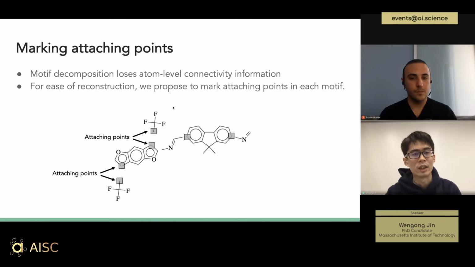And this will make it easier to reconstruct a molecule, and this additional information will be very useful for generation. By marking attaching points, if you can see here, these gray boxes will be part of the label in this motif.